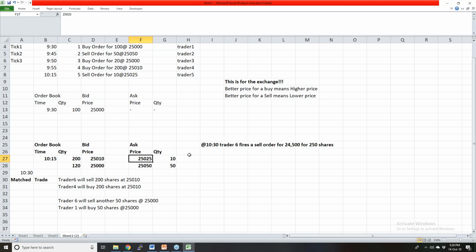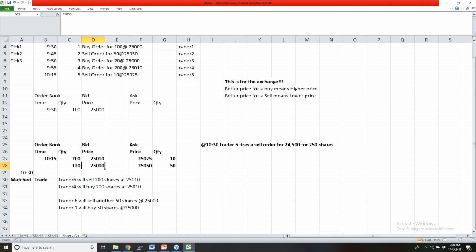Both the buyer and seller want to make the trade, but the order for trader 6 will initiate a trade, right? So whoever initiates the trade. At 10:15, there was already a bid. Trader 4 had already placed an order for 25,010. He wanted to buy, so that's already there. Now, whoever wants to make a trade gets the best possible price.